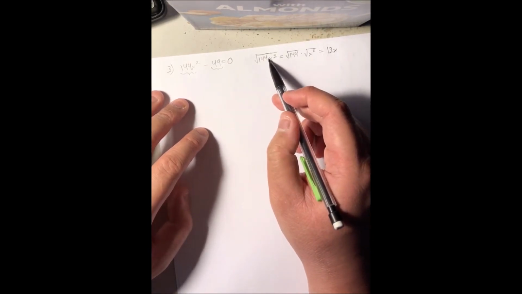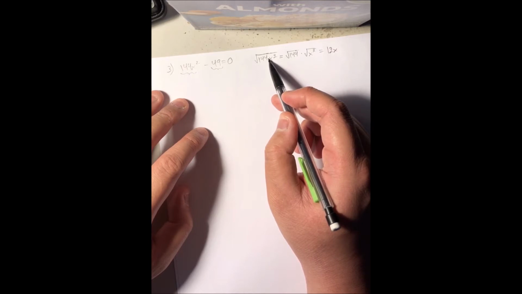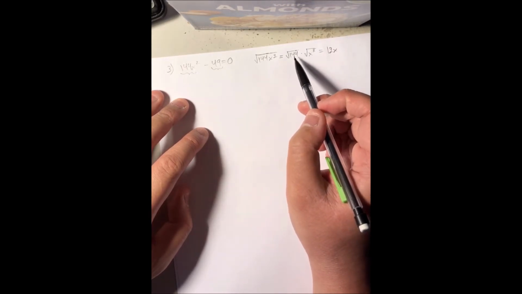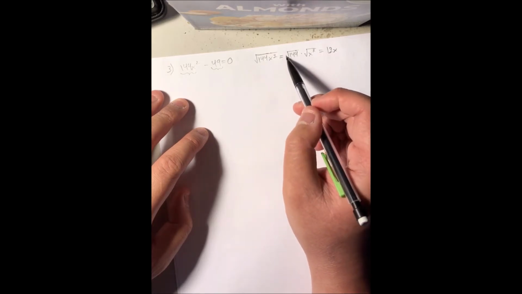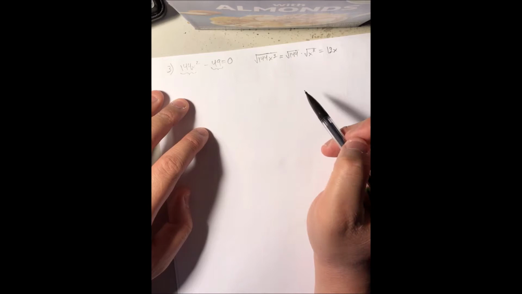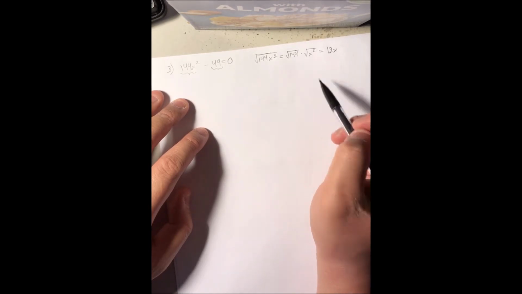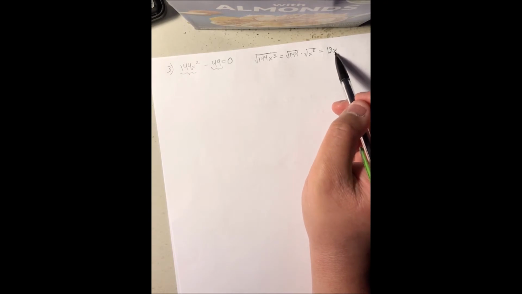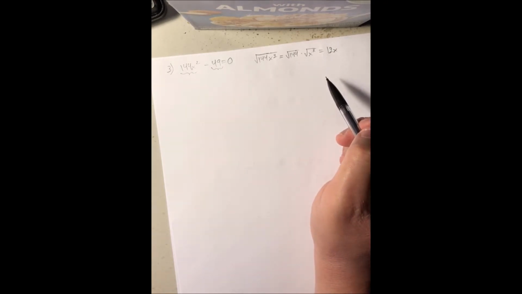Because we only have multiplication under the square root, we get to use the laws of exponents, and we rewrite this root into two distinct ones, one for each term, 144 and x squared. The square root of 144 is 12, and the square root of x squared is x.